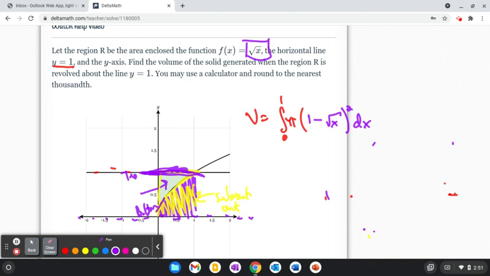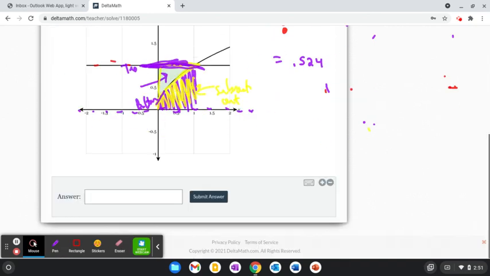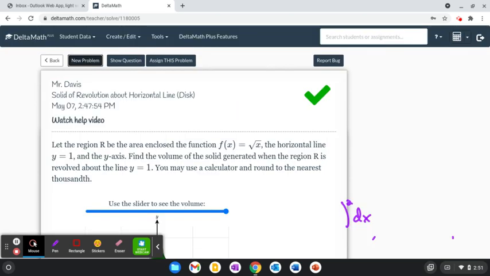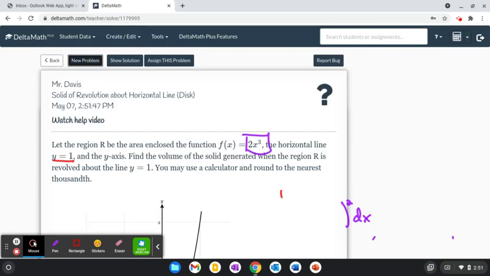And we get a very small number, which should make sense because this is a very small amount. I got 0.5235, so 0.524. Boom. All right.